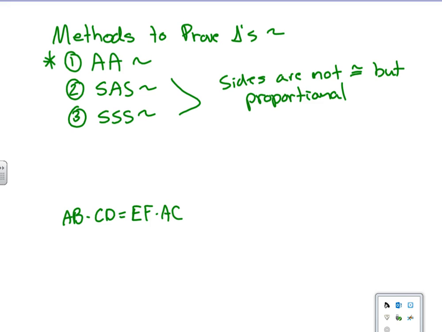If you see that, that's an issue of having to use the cross product property. In order to use that, we're first going to show that the triangles are similar. You can review your notes on that, but I just want to mention it to get it in your mind as you're thinking about this.